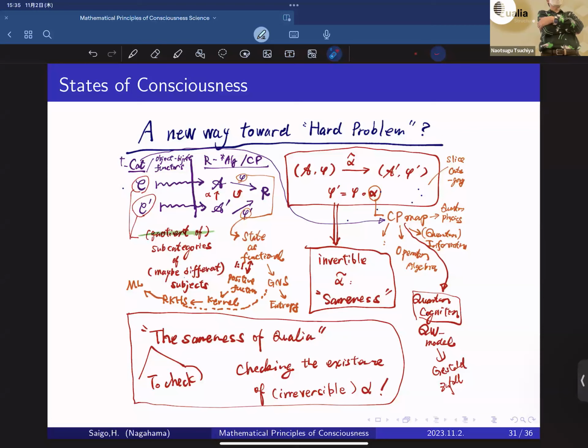Then a more general notion is the semigroupoid. A semigroupoid has a multiplication and not necessarily unique units, so many different units, and still not necessarily invertible. And this structure is just a category.